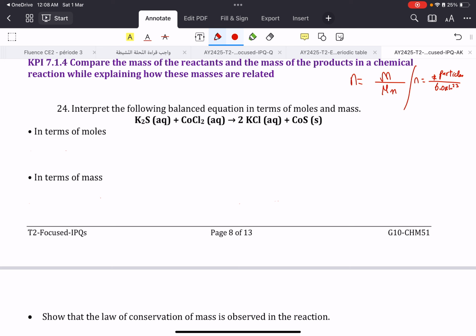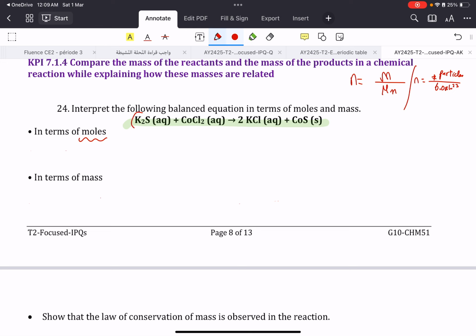Now, interpret the following balanced equation in terms of moles and mass. When they tell you in terms of moles, you only need to read this equation given to you in the form of a sentence.